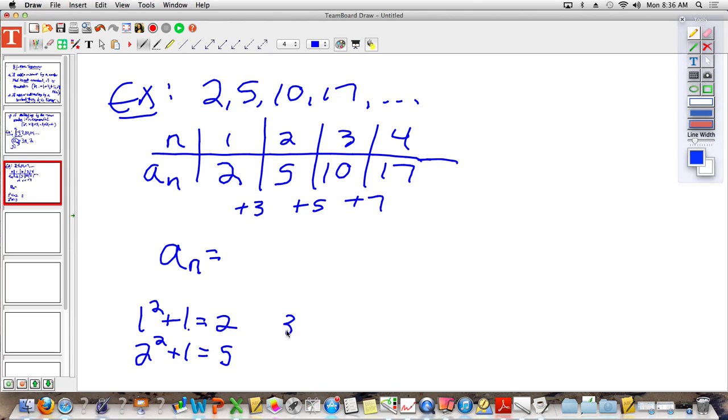What about 3 squared plus 1? 3 squared is 9, plus 1 is 10. 4 squared plus 1, 4 squared is 16, plus 1 is 17. What's the rule then? A sub n equals what? N squared plus 1.